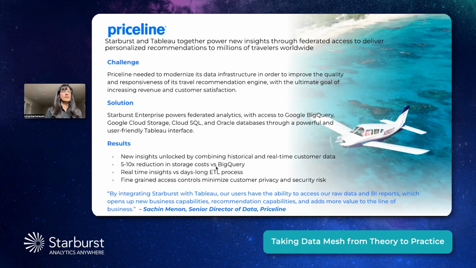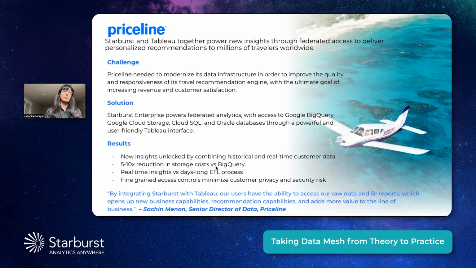Here's the problem Priceline set out to solve. Through Starburst Enterprise, Priceline was needing to modernize their data infrastructure in order to improve quality and responsiveness of their travel recommendation engine. Of course, their ultimate goal was to increase revenue and customer satisfaction. Now, how did they achieve this?